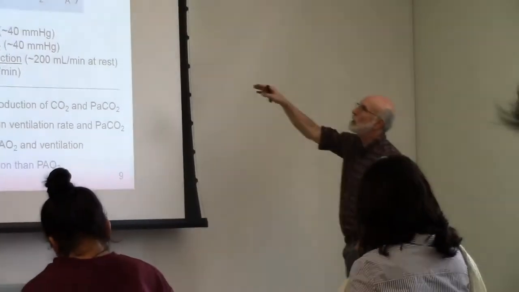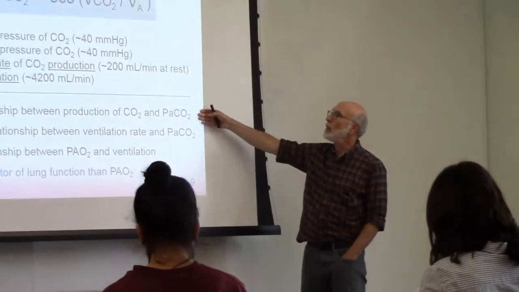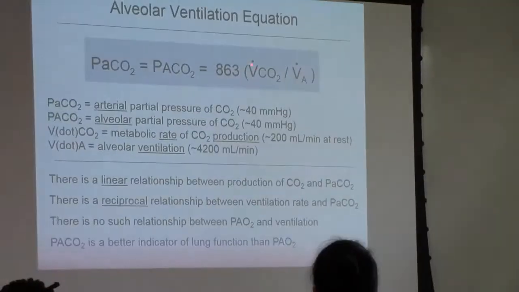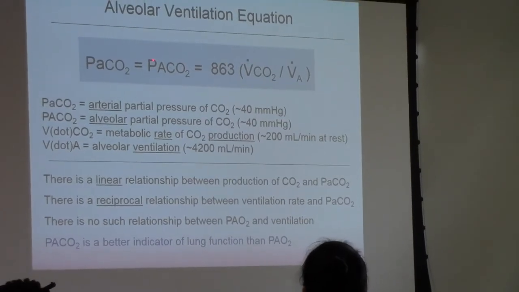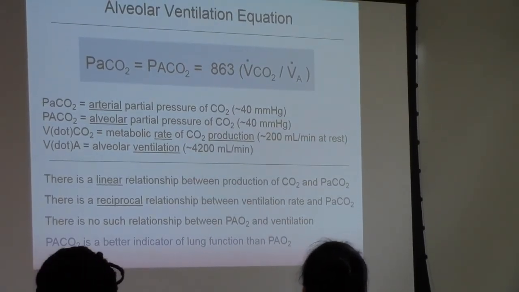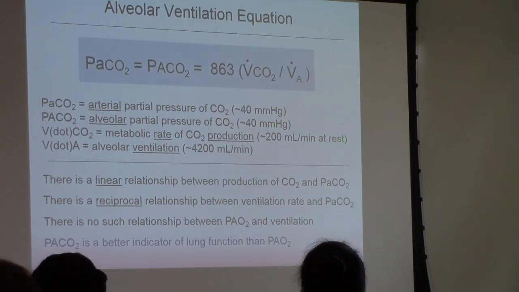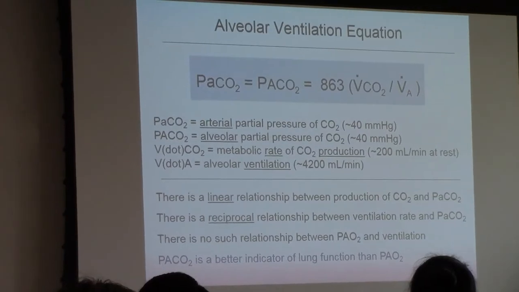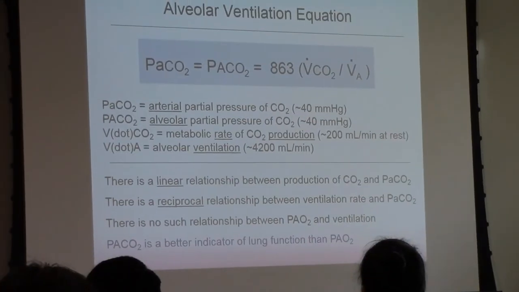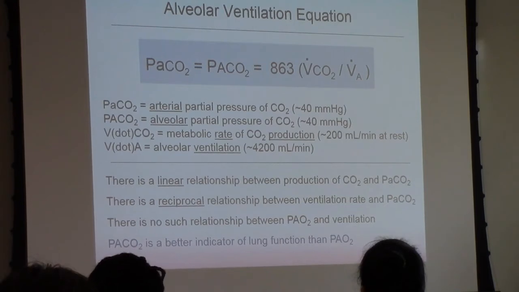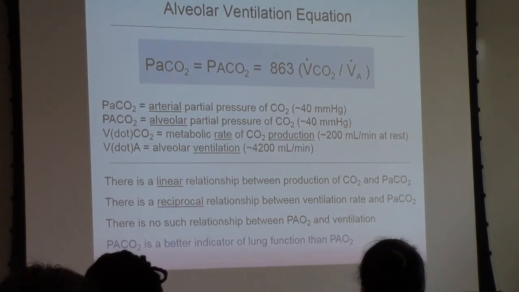So let's look at this equation. There is a linear relationship between the production of CO2 and the partial pressure of CO2 in blood. It's a straight line. There is an inverse or reciprocal relationship between the ventilation of the alveoli and the partial pressure of CO2 in blood. Those are key.